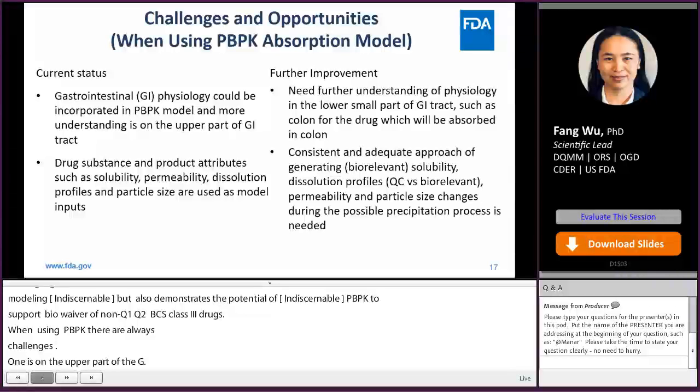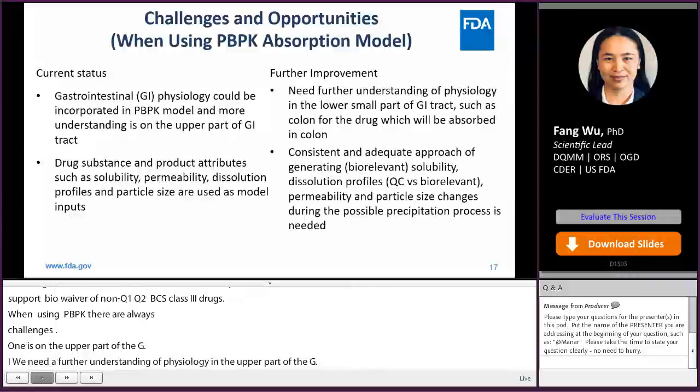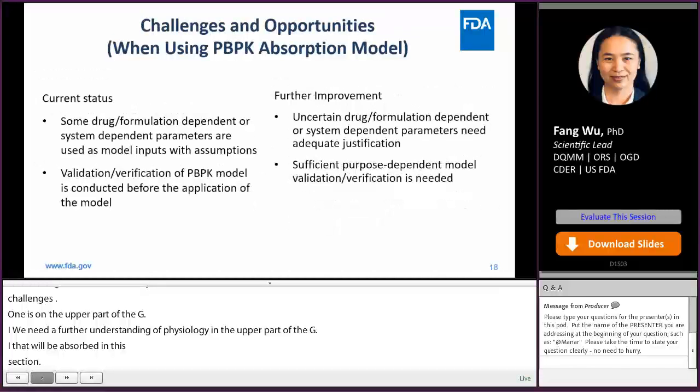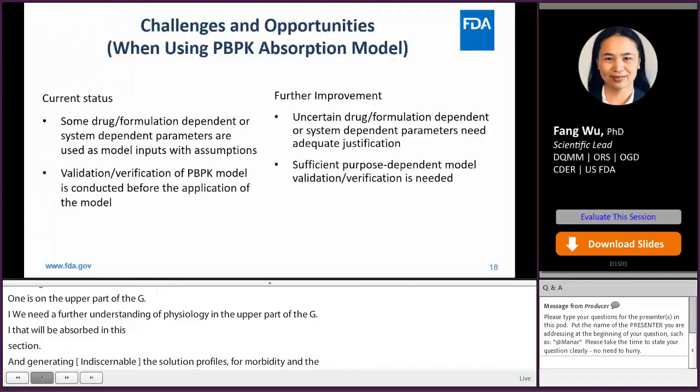We also need a consistent and adequate approach for generating and incorporating biorelevant solubility, dissolution profiles, QC or biorelevant permeability, and particle size change as model inputs. In addition, when building or optimizing the PBPK model, those uncertain drug formulation-dependent or system-dependent parameters will need adequate justification. Most importantly, purpose-dependent model verification and validation are needed.